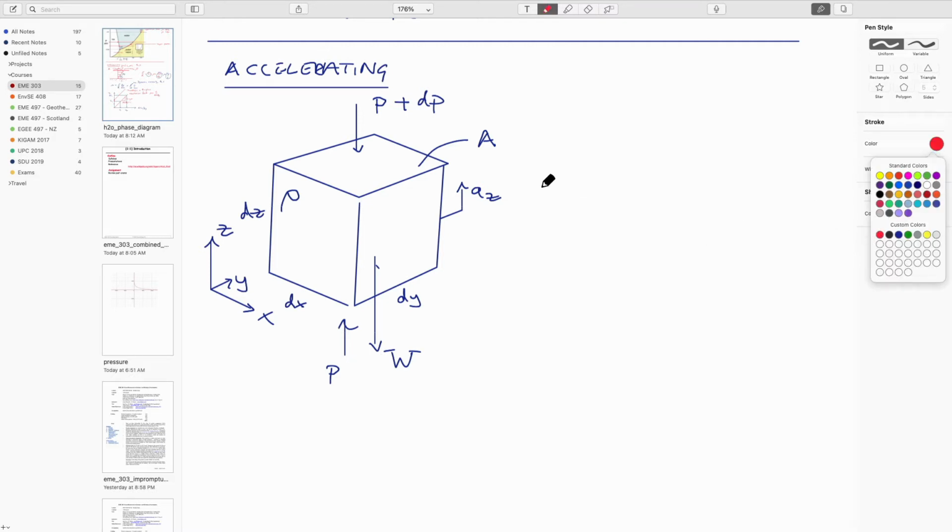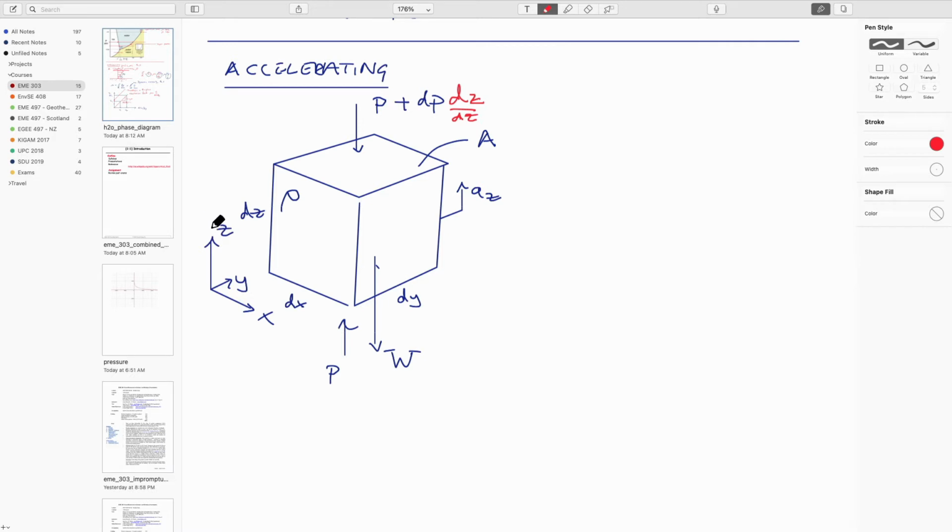And so the other thing that we could do is add, yes, go ahead. The acceleration in the z direction, is it just supposed to be pointing up? Up. The acceleration in the z direction is in the z direction. Everything is positive in the positive z direction.